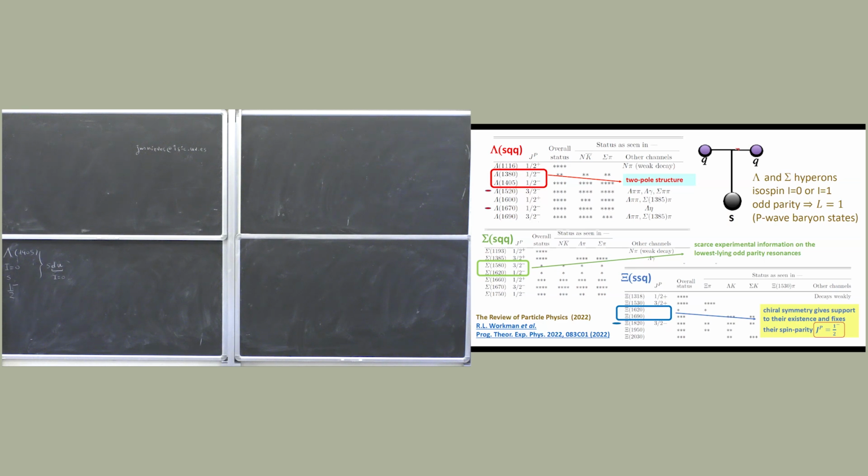Why do I think it's interesting? Why I think it could be called exotic, right? In principle, there is nothing that would bring your attention immediately to say that it's exotic. I think that Feng-Kun mentioned yesterday pentaquarks, right?